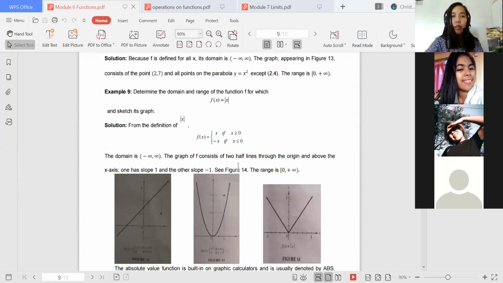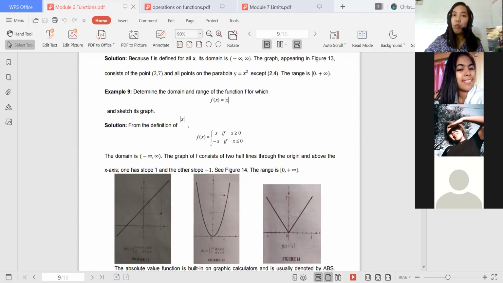So bigyan ko lang din ng focus to. We know that this is an absolute value function, and the absolute value function, the graph is like V. Okay? So yan.